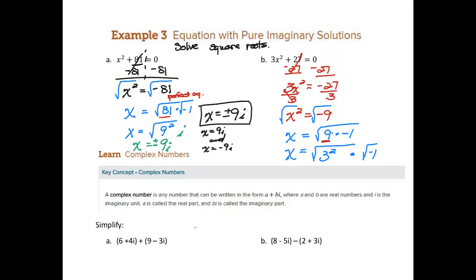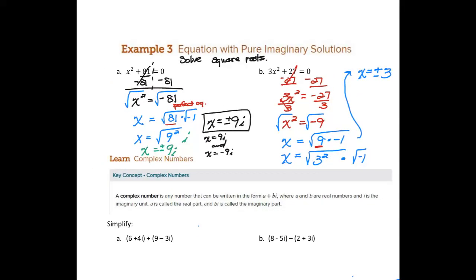And I am writing out every step just so you see. Up here, if you take the square root of something squared, x is going to be equal to the positive value of 3 and the negative value of 3. I can't do that anymore. And this square root right here is going to be i. So x equals plus or minus 3i.